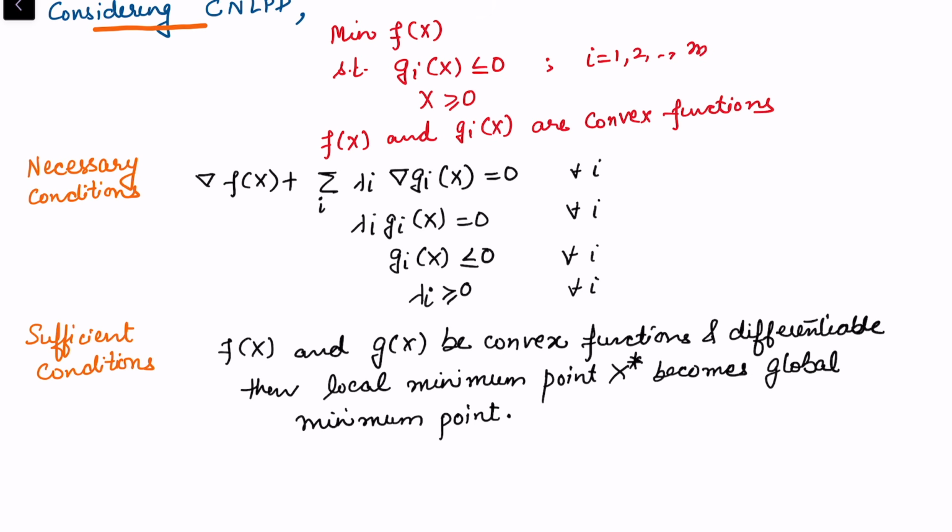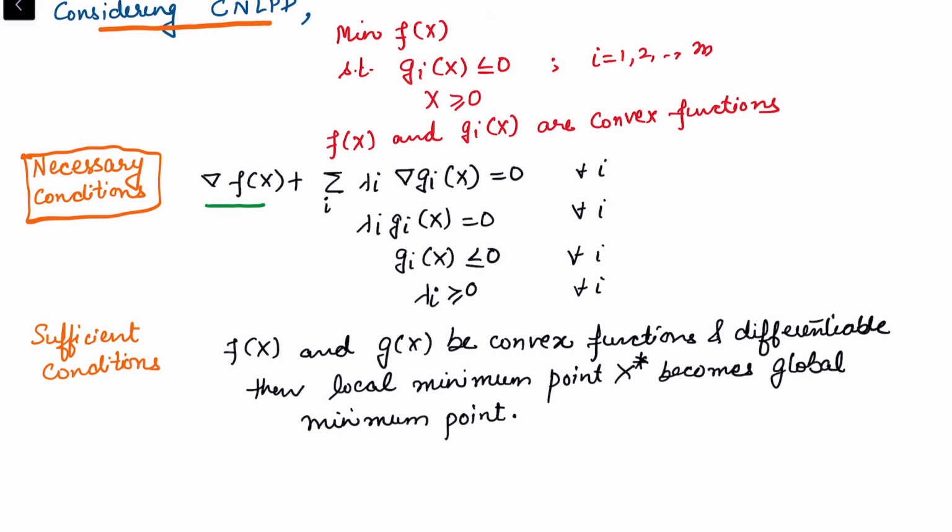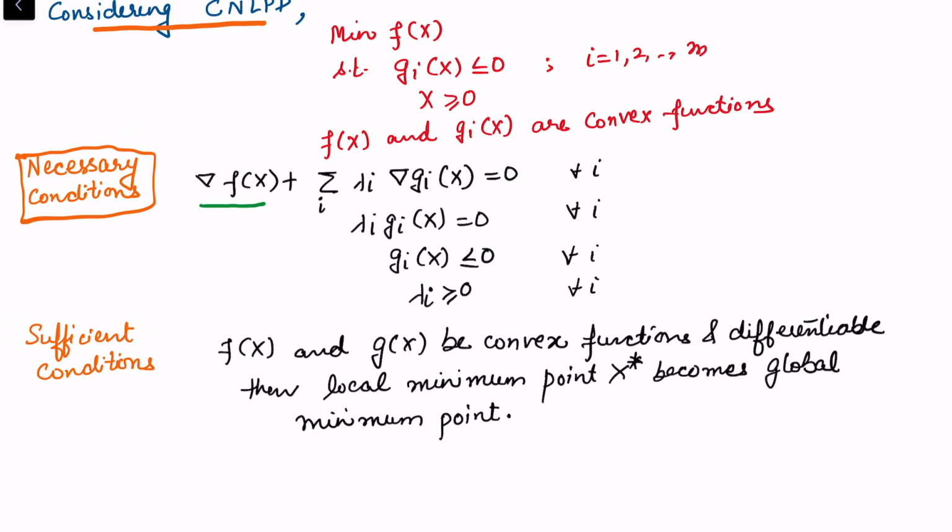So the necessary conditions are: the gradient of f(x) plus the sum of lambda_i times the gradient of g_i(x) equals 0, where lambda_i is a multiplier for every i. Lambda_i times g_i(x) should be equal to 0, that is the second condition. The constraints g_i(x) are all less than or equal to 0. And all lambda_i are greater than or equal to 0.